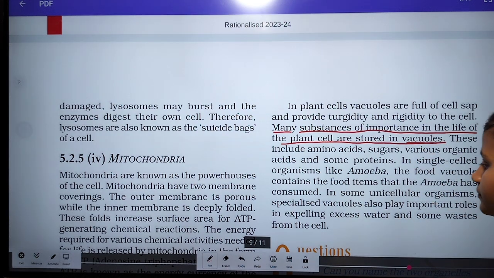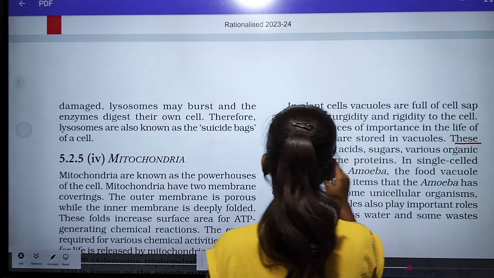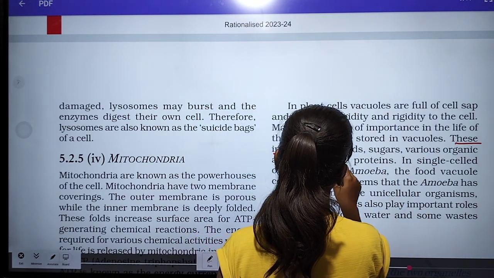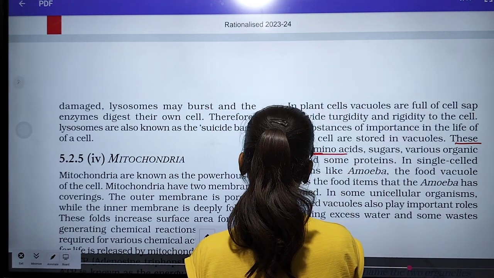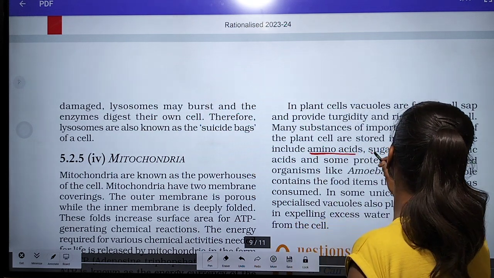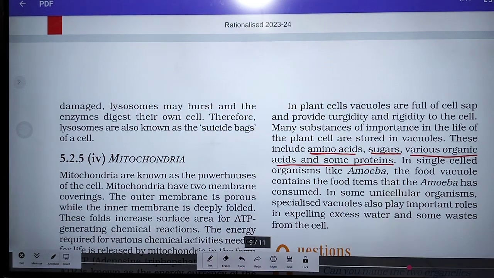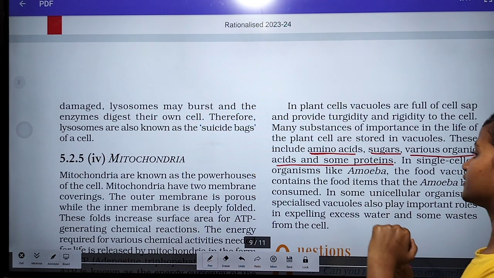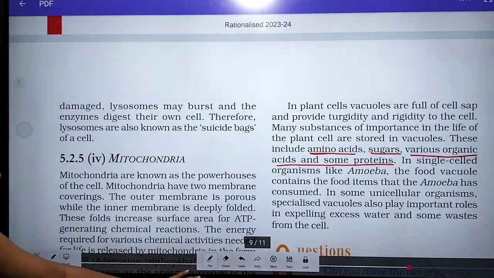The vacuole. These include amino acids, sugar, various organic acids, and some proteins.